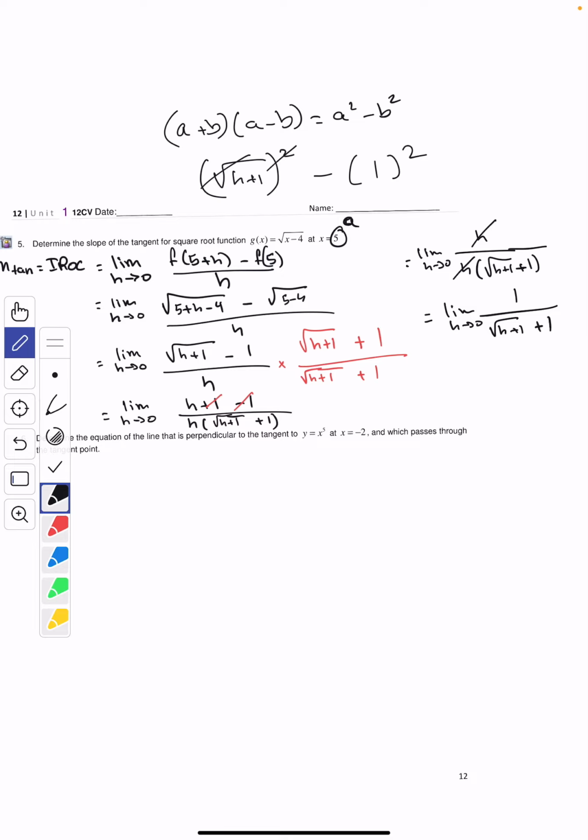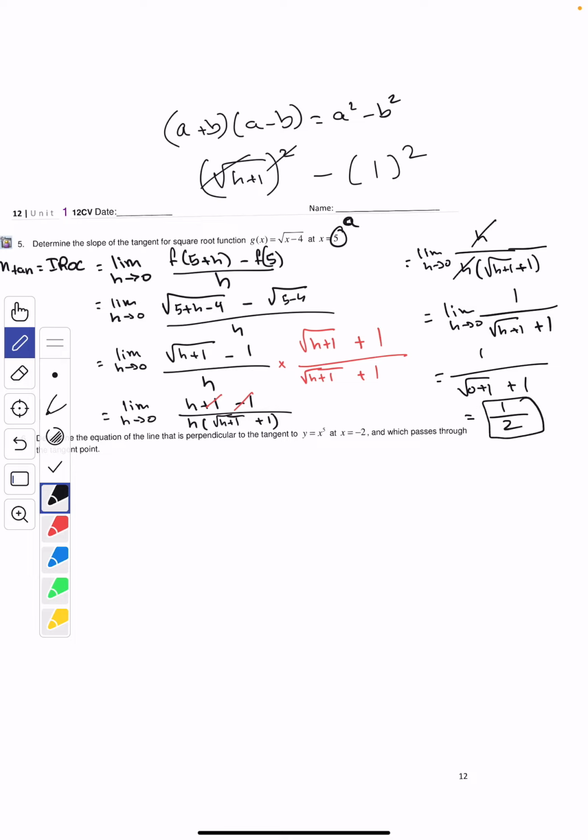Now, if I plug in 0, that's not going to affect me anymore, right? If I plug in 0, that's going to be the square root of 0 plus 1, which is going to be 1 over the square root of 0 plus 1, that's the square root of 1, which is 1, and then 1 plus 1 is 2.